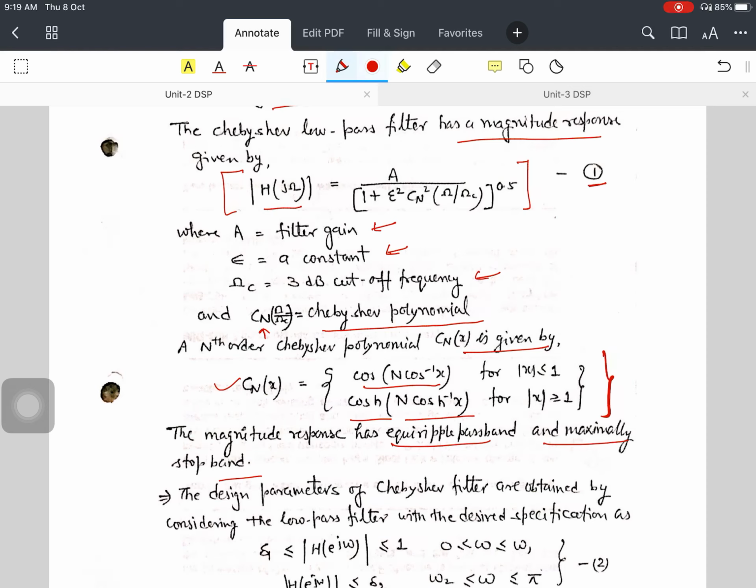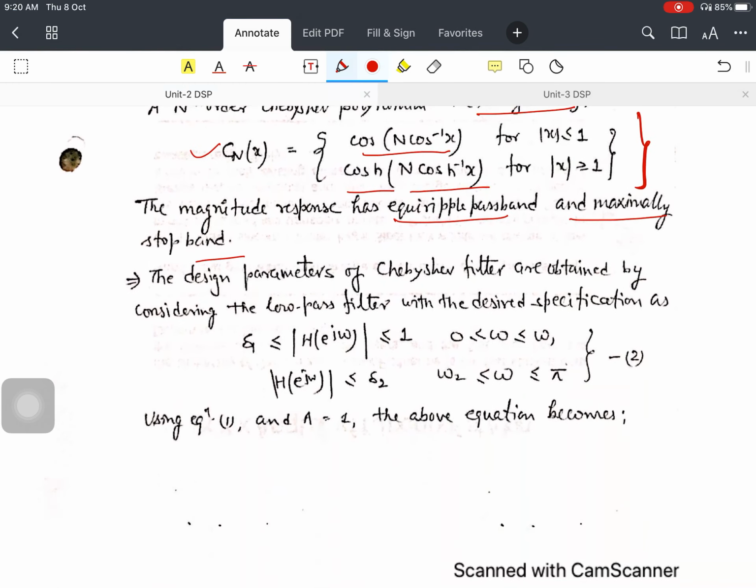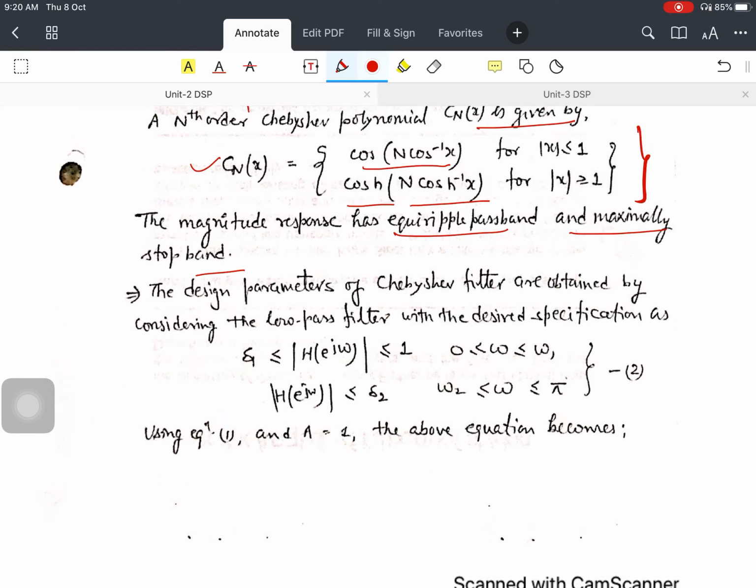It has an equiripple passband and a maximally flat stopband. Now, if we talk about the design parameters, the design parameters of the Chebyshev filter are obtained by considering the low pass filter with the desired specification as follows.